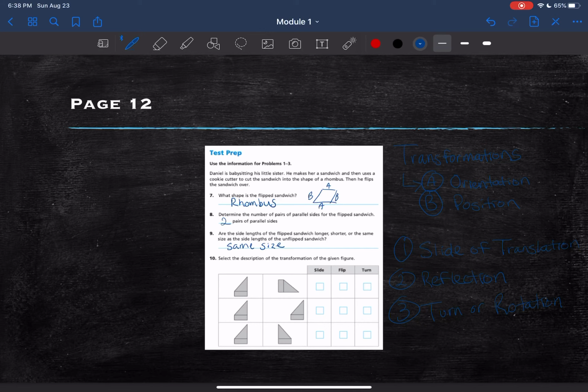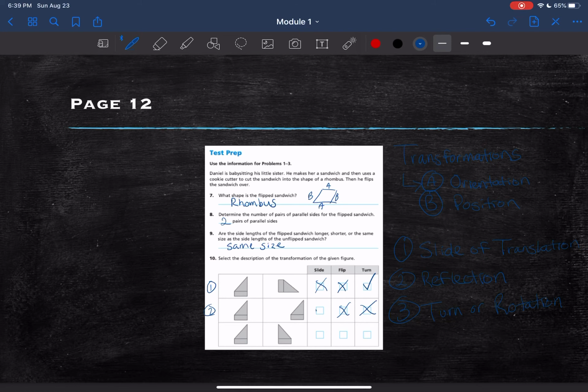Select the description of the transformation of the given figure. All right, so if we're looking at the first one here, the orientation changed. So we know it's not a slide. It's either got to be a flip or a turn. Well, it's not a mirror image, so that would cross out flip. It's got to be a turn. On the second one, the orientation stayed the same, so it can't be a flip or a turn.